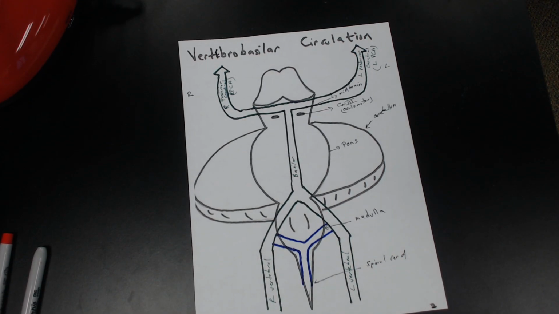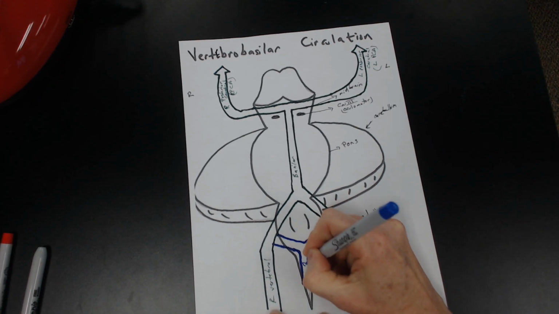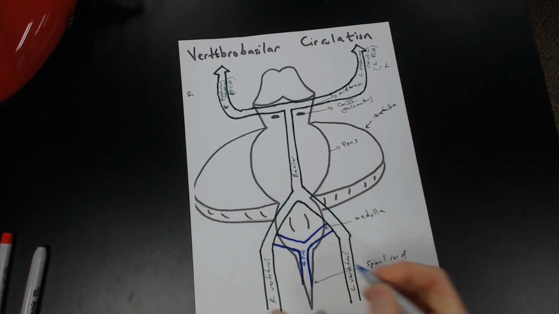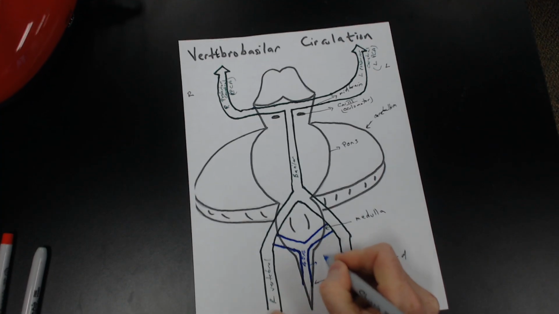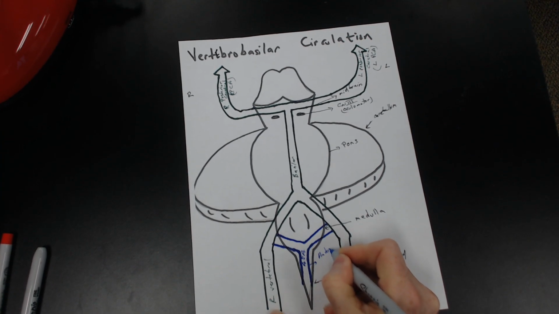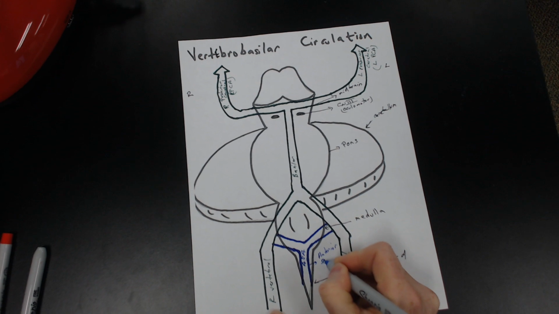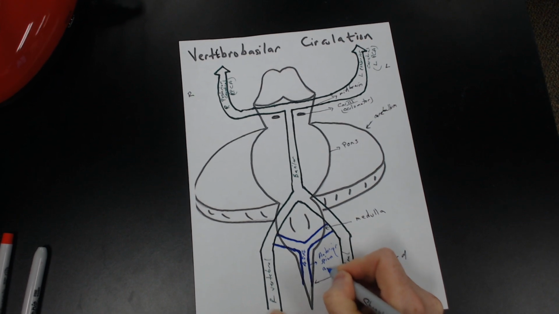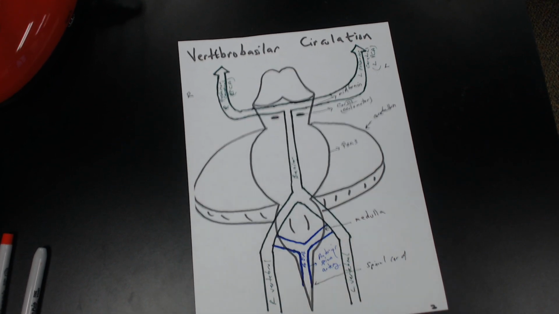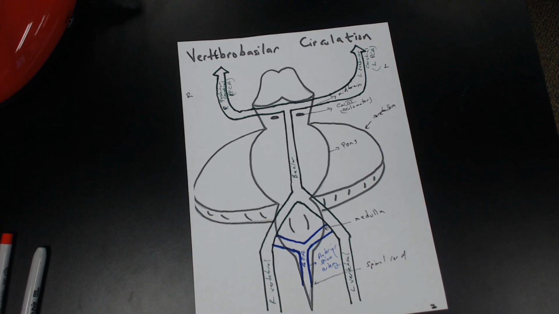This artery is going to be responsible for supplying the anterior 2/3 of the spinal cord with blood, and it is known as the ASA, which stands for anterior spinal artery. We'll get back to that one as the semester goes on.